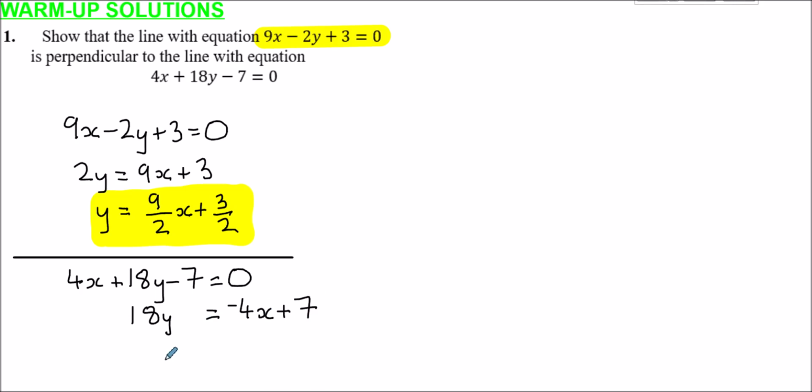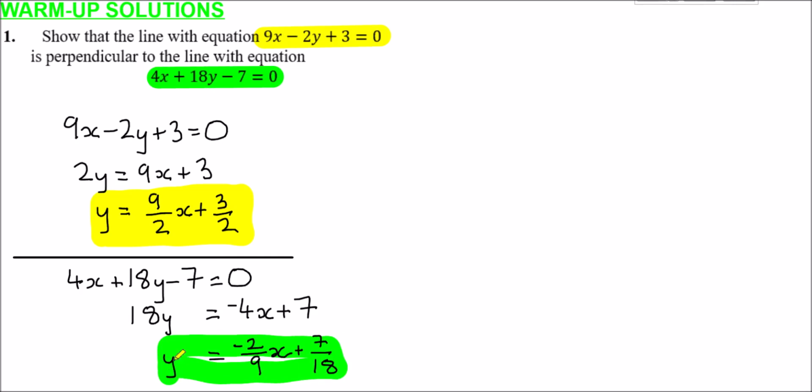We can now divide through everything by 18 to get y equals minus 4x over 18. Minus 4 and 18 we can divide through by 2, so simplify, that becomes minus 2 over 9 x. Then plus 7 over 18. So again, not done much yet. All I've done is taken this one and rearranged it into the standard y equals mx plus c form.